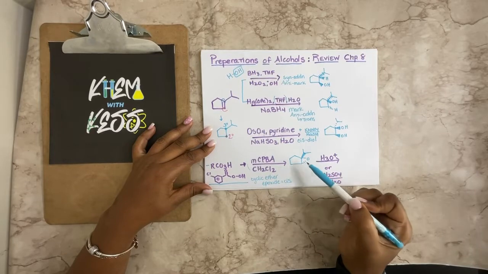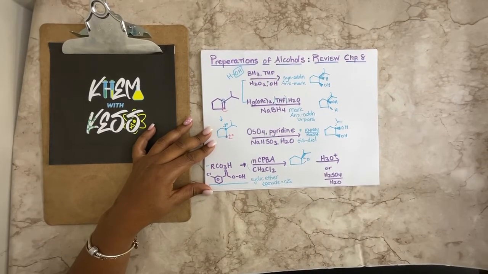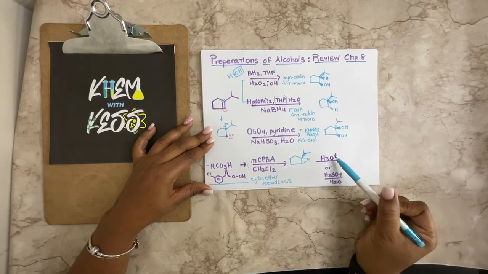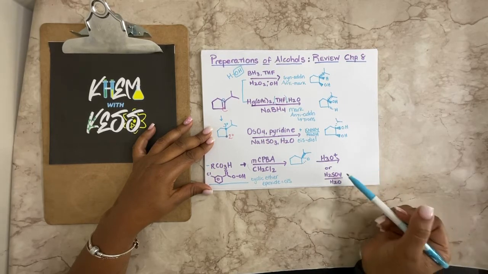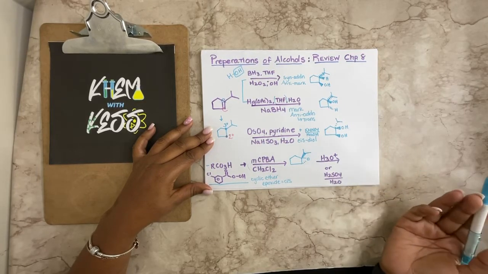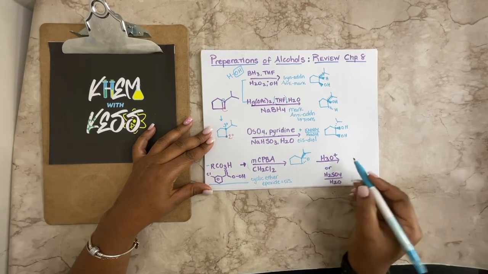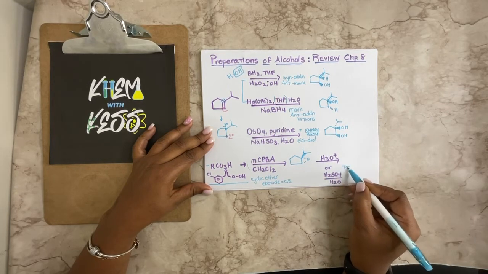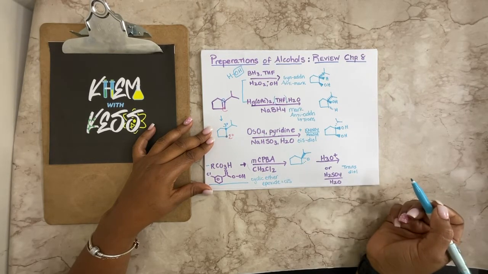Then whenever you open an epoxide, you will learn about this when we get into the epoxide chapter, so understand it now. You have different types of acid you can open up an epoxide with. Right now we're using the generic one, and I call it generic because these are the only ones that will get you a trans diol. And I lied, it's not the only one.